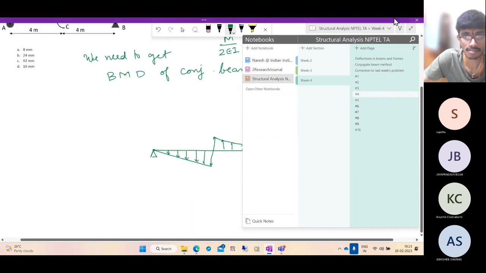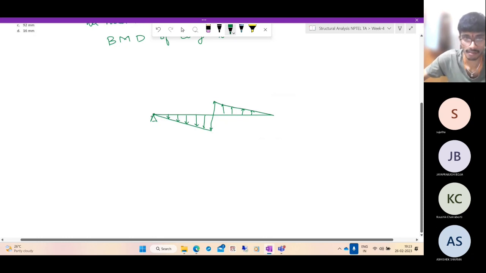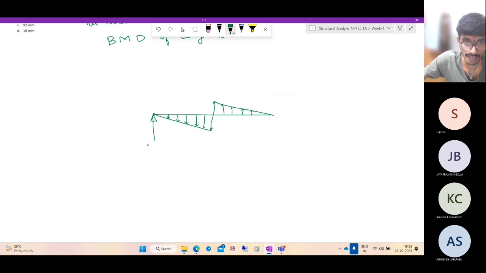So we got a positive reaction of ML by 12EI on the left side. And since the loading is anti-symmetric, here it is ML by 12EI, and here it is ML by 12EI.